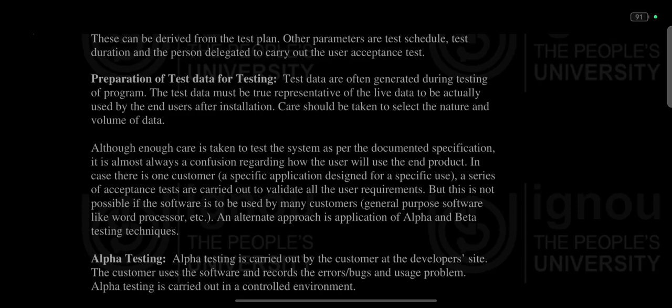But this is not possible if the software is to be used by many customers, such as general purpose software like word processors, etc. An alternate approach is application of alpha and beta testing techniques.